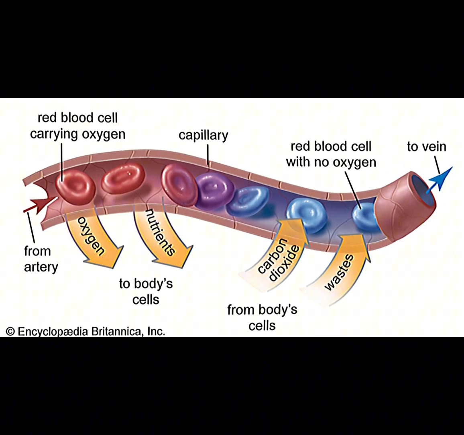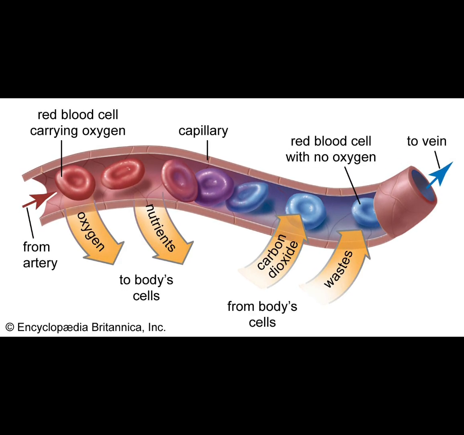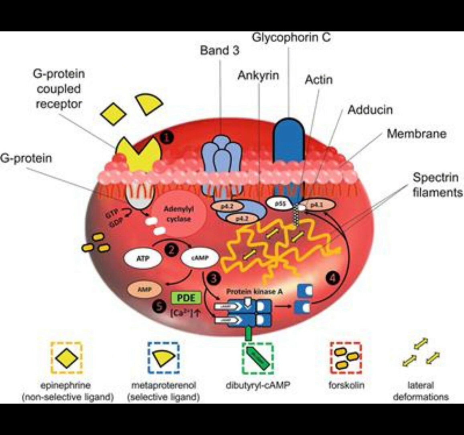Because of the absence of the mitochondria and also the Golgi apparatus, energy is produced in the red blood cell by a glycolytic process. Red blood cell has a special type of cytoskeleton, which is made up of actin and spectrin.